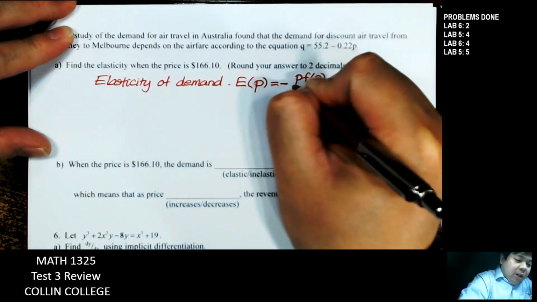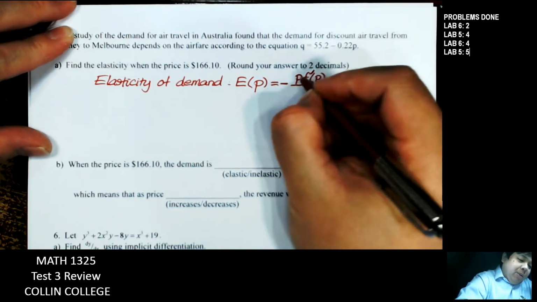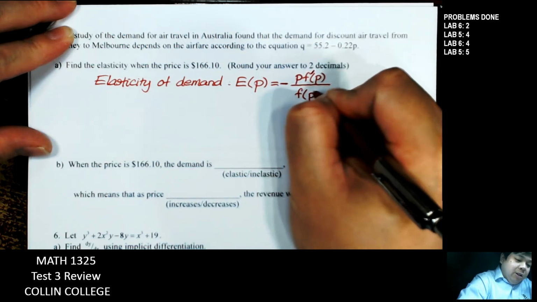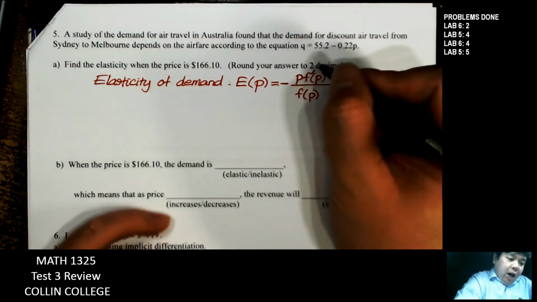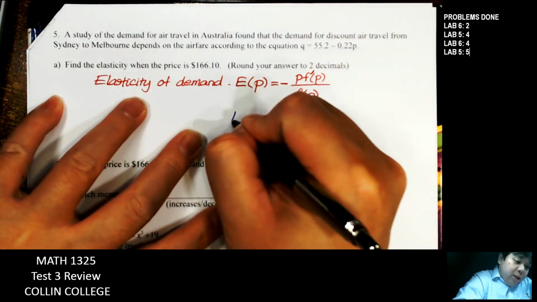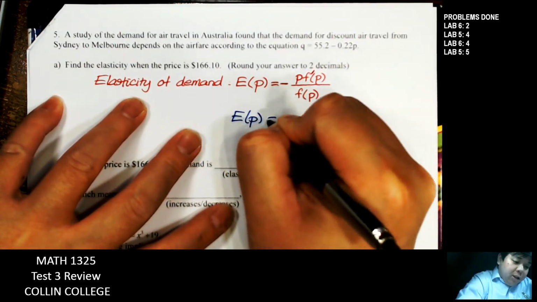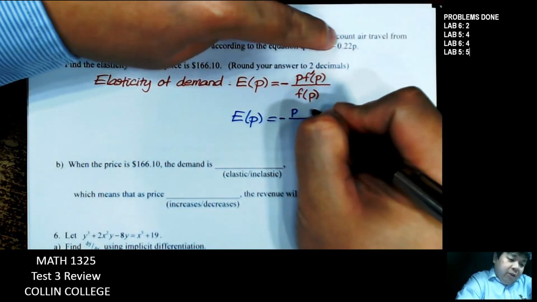Right. Elasticity of demand will be a function of the price: negative of the price times the derivative divided by the function. So this is the function, by the way.